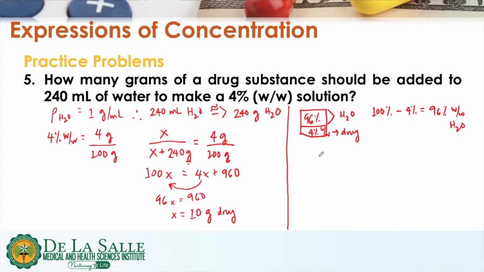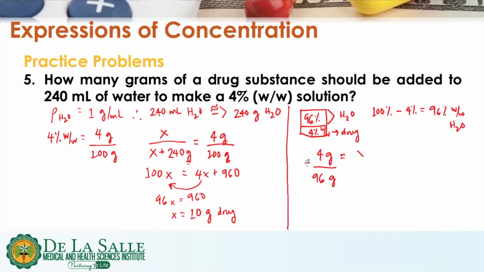Now we can use this value in a proportionality or in an equality where we know that in every 100 grams of the solution, we have 4 grams of the drug. And in every 100 grams of the solution, we have 96 grams of water.